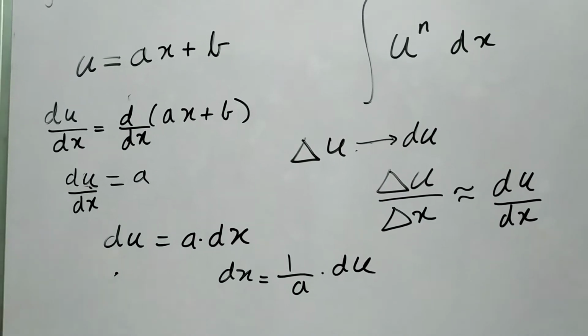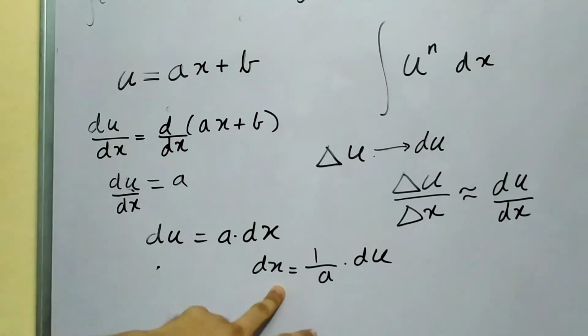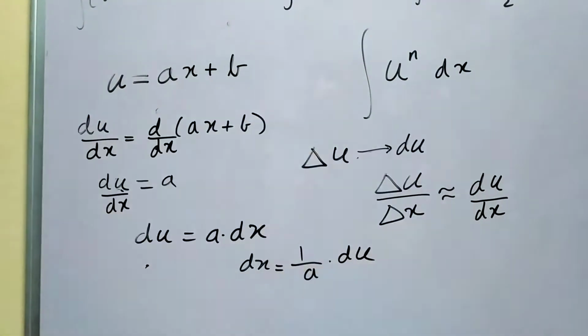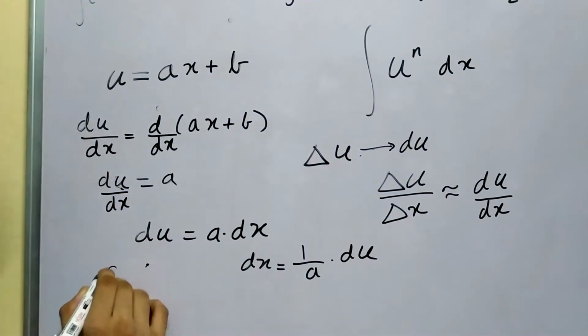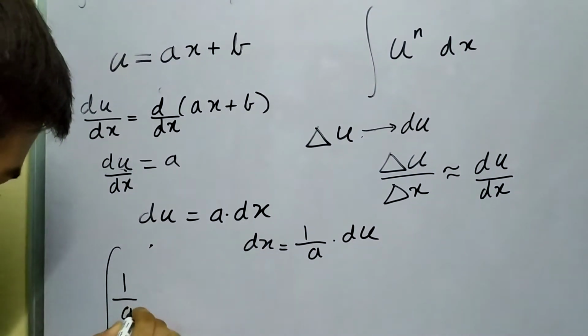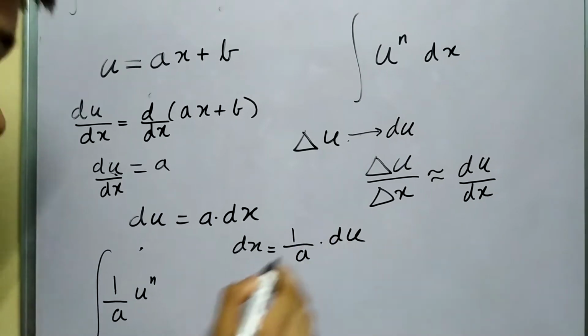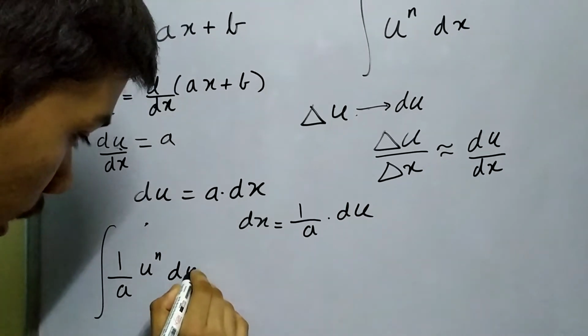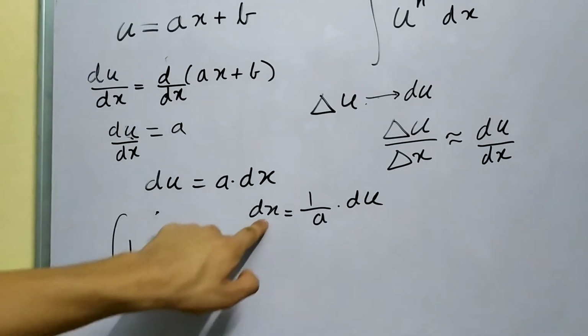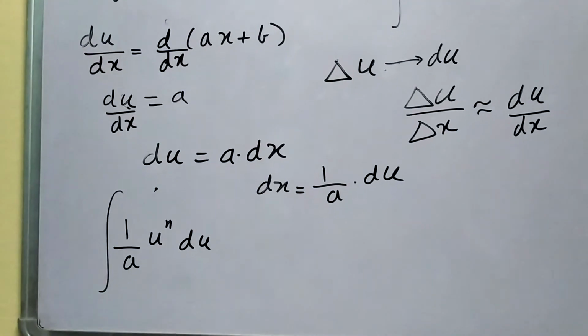So you just replace dx with 1 by a du here. What you get is the integral of 1 by a u to the power n du. 1 by a du is dx, and now you can integrate.